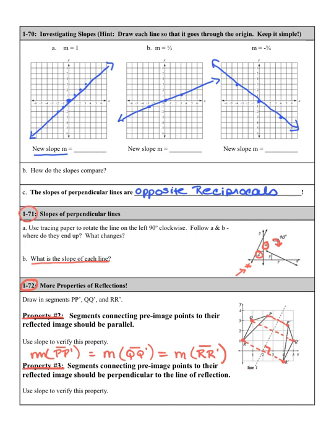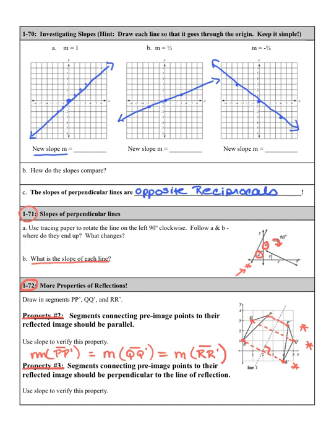So you're going to have to calculate. You already know the slope of those 3 segments we drew in. You figured that out for property 2. Now you just need to calculate the slope of the line of reflection and verify that it's the opposite reciprocal of the slope of R, R prime, Q, Q prime, and P, P prime.